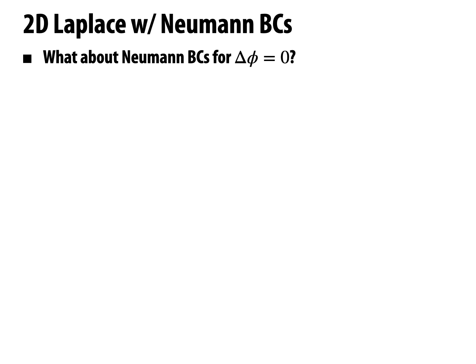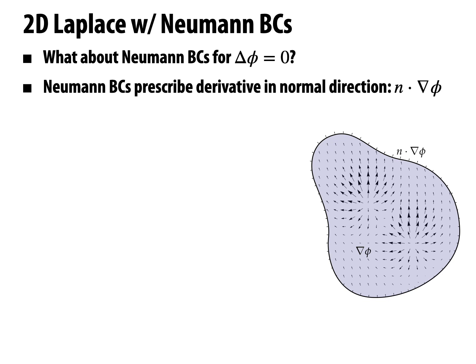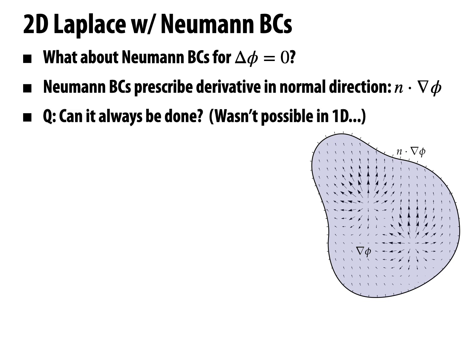What about Neumann boundary conditions? We again want a harmonic function, a function satisfying Laplace phi equals 0. But now we're going to prescribe the derivative in the normal direction. So if we're standing at a boundary point and n is the unit normal, then we want to prescribe the value of n dot grad phi. How much is the function changing as we move in the normal direction? Can this always be done?